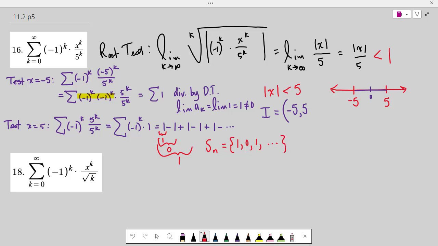No. This diverges. So you can say that this diverges by the divergence test because the limit as k goes to infinity of -1 to the k does not exist.